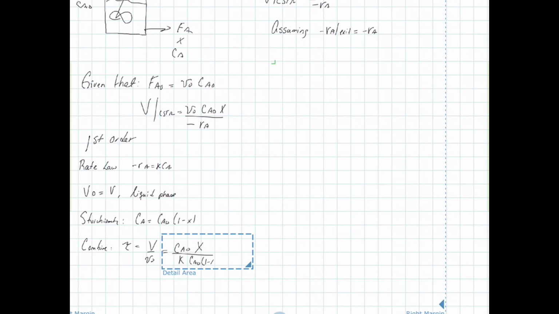Okay, so we can then define tau as 1 over k times X over (1 minus X).